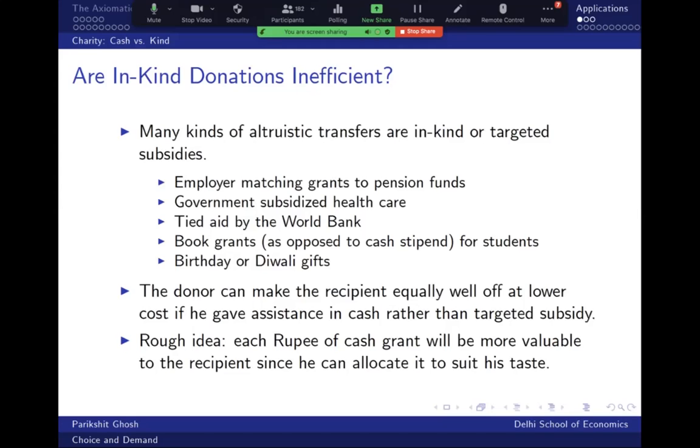The student can buy books or the student can buy something else. It's expanding the choice set of the student with the same monetary value. And when it comes to personal gifts, certainly in India, we very rarely give gifts in cash.